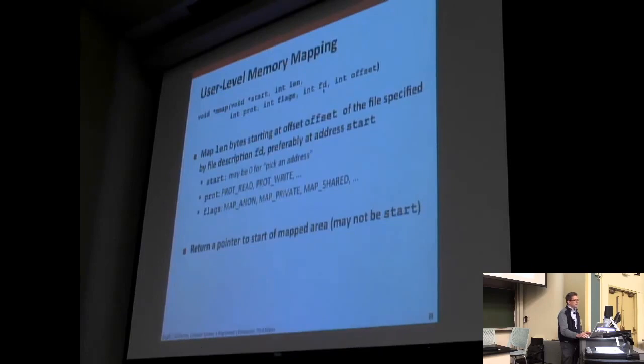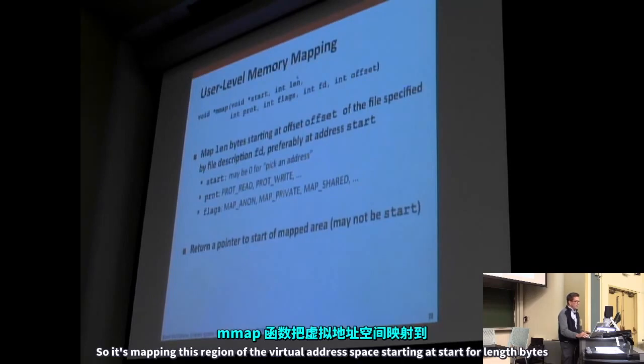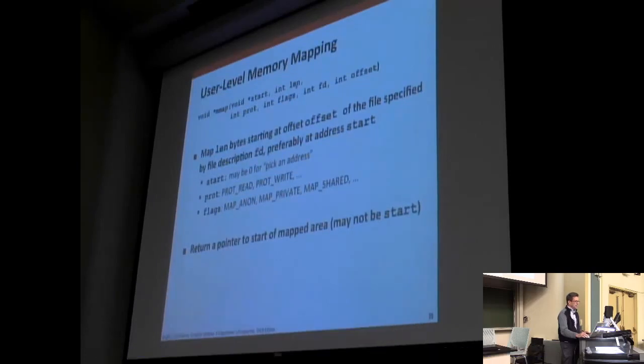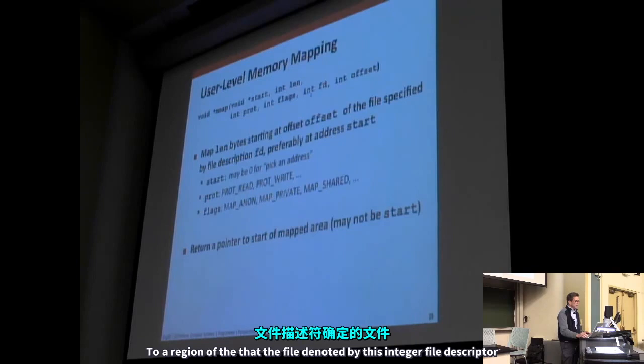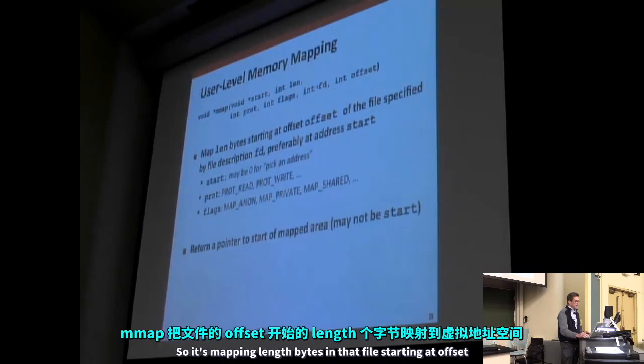Okay. So remember, when you open a file, you get back a file descriptor. So it's mapping this region of the virtual address space, starting at start for length bytes, to a region of the file denoted by this integer file descriptor. So it's mapping length bytes in that file starting at offset.